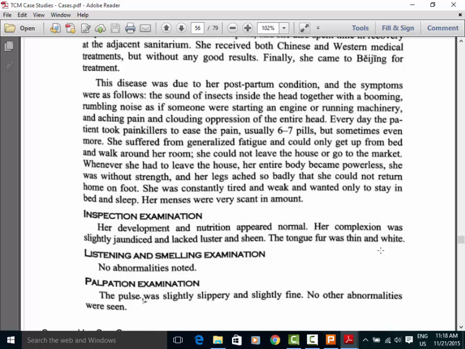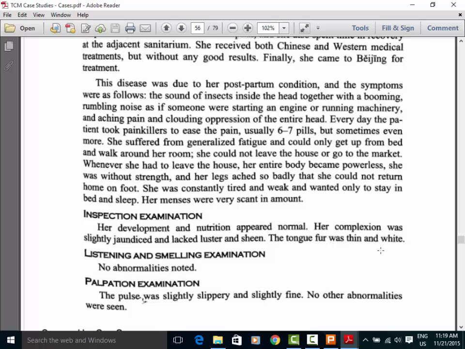So constantly tired, weak, only wanted to sleep. Menses was very scant. So what picture do we have now of this patient? Is this an internal or an external pattern? Is it excess or deficiency? Is it hot or cold? Based on what we've read, we don't know for sure yet.